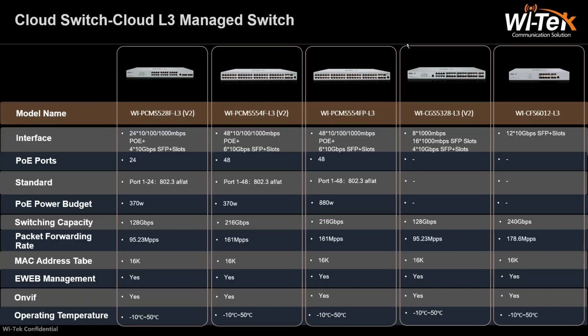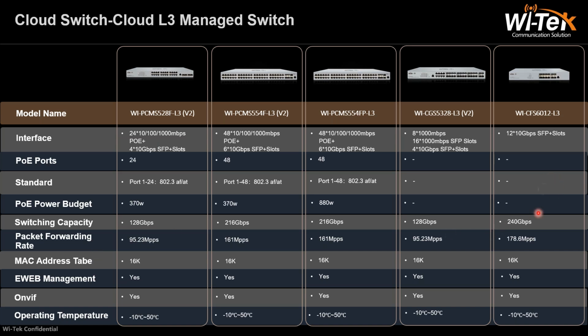Okay, these are our layer 3 management PoE switch parameters. We have the PoE part, full optic fiber part and non-PoE part. We know that switches have two very key indicators. One is the switching capacity, another is the packet forwarding rate.